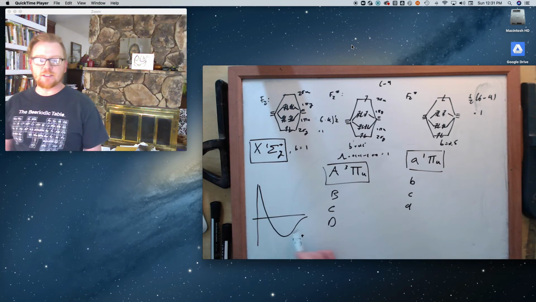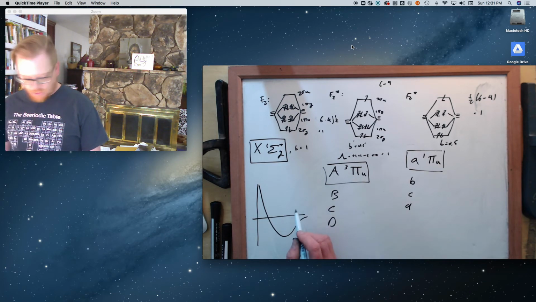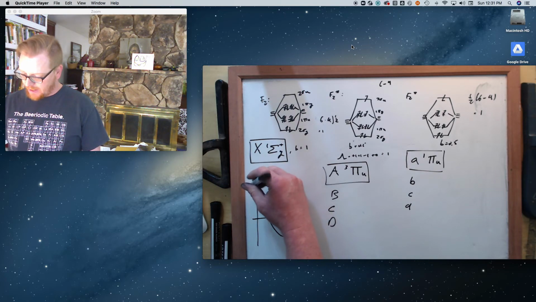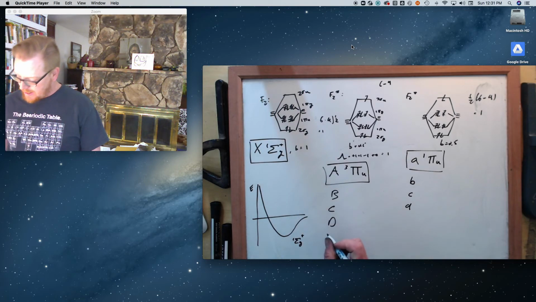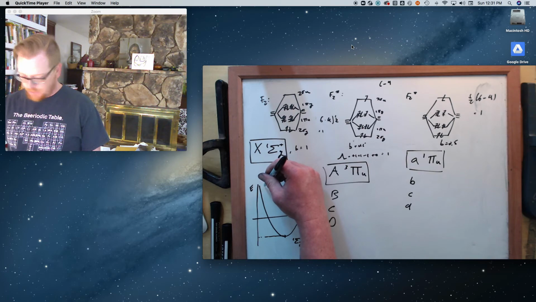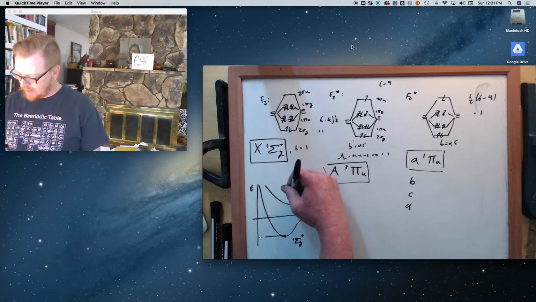So anyways, this is what that ground state looks like. And if we were to look at that triplet pi u state, remember, this is energy and this is bond distance. So that would give us our average bond energy and our average bond distance. Well, that triplet pi u state looks something like this. It has a minima.